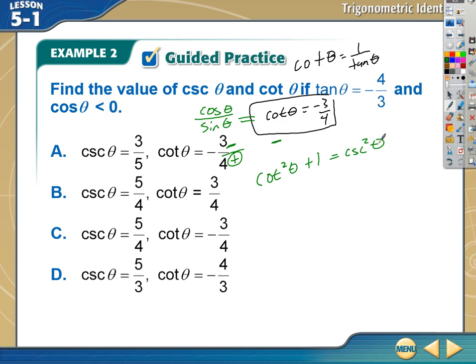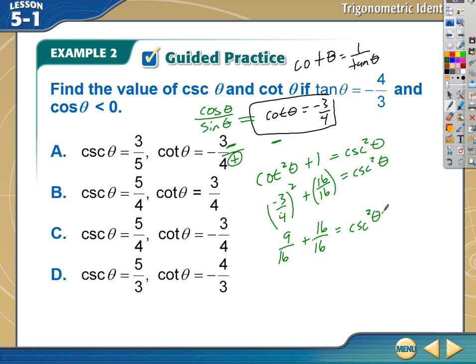So cotangent is negative 3/4 squared plus a 1. I'm going to change 1 into be 4/4. This is not 4/4. 16/16. You're going, what? What? Why 16/16? I'll show you in a second. Don't worry. Is equal to cosecant squared theta. Negative 3/4 squared is the same thing as 9/16 plus a, that's where the 16/16 is going to come in handy, is equal to cosecant squared theta.